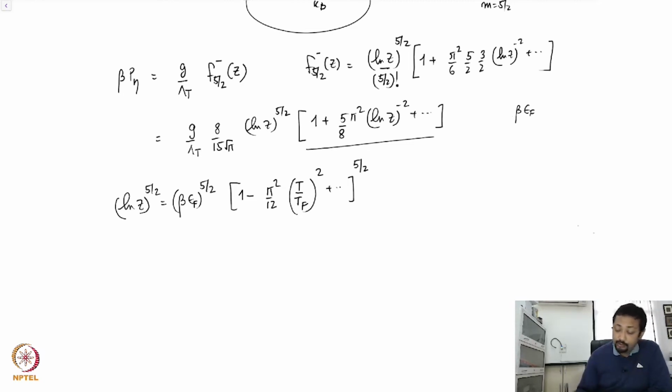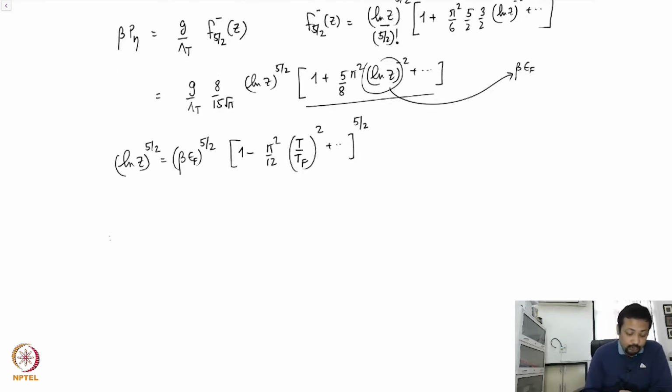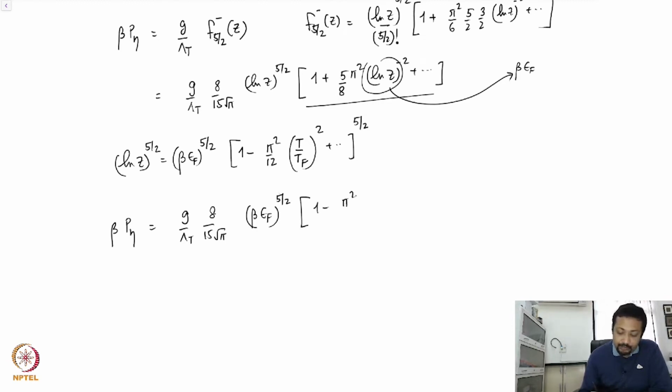So here I am just going to replace this by beta epsilon_F, so that beta times the pressure becomes g over lambda_T, 8 over 15 square root pi, ln z to the 5/2, which is (beta epsilon_F) raised to the power 5/2. Then I have 1 minus pi squared over 12 (T over T_F) squared plus higher order terms.